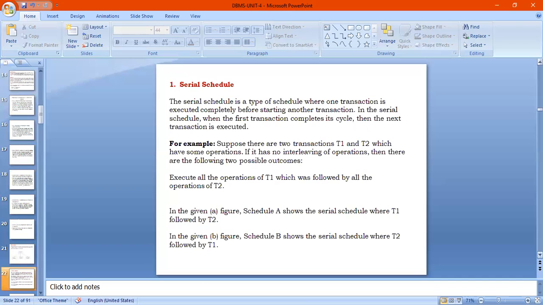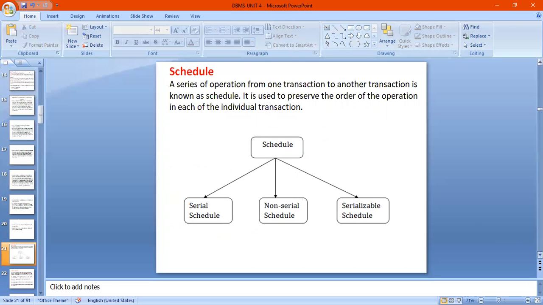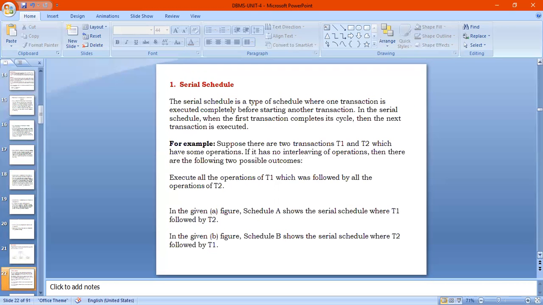But before going to serializability, we have to know what the schedule parts are and what the role of serializability is, with the pre-concern of serial schedule and non-serial schedule. So let's have a brief knowledge of that. The serial schedule is a type of schedule where one transaction is executed completely before starting another transaction.